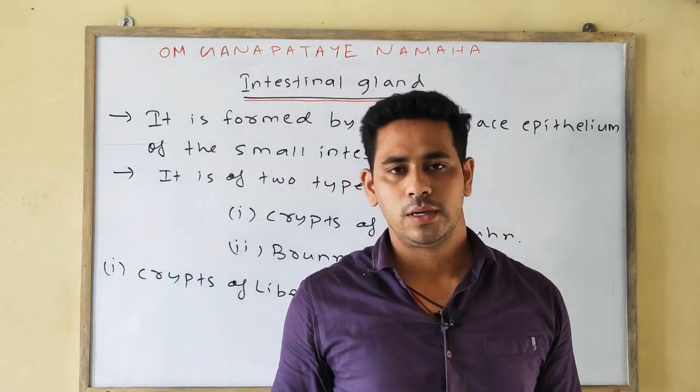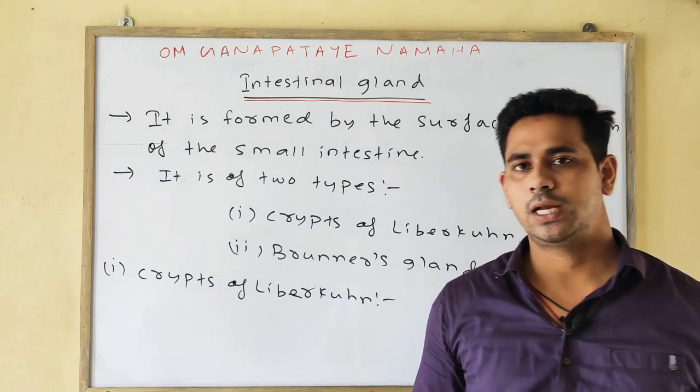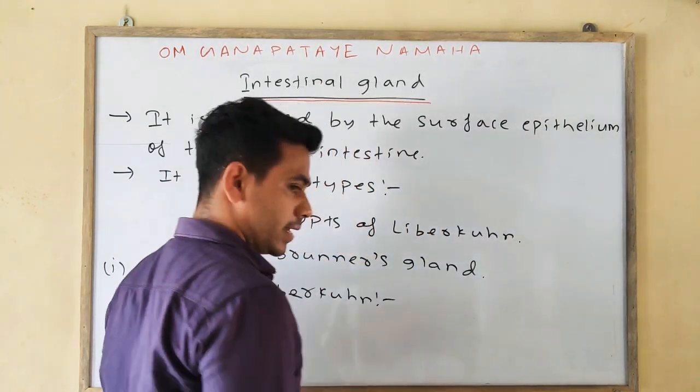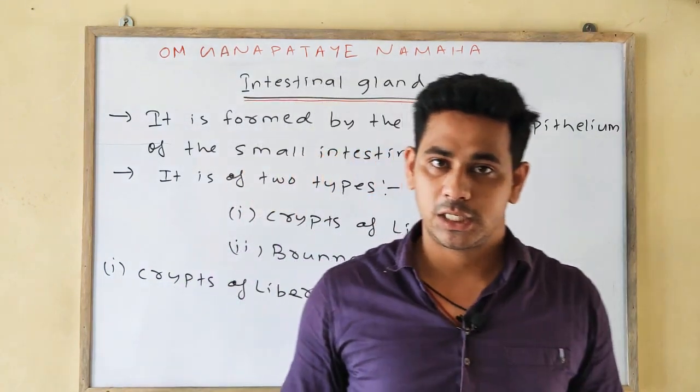Crypts of Lieberkühn secrete the intestinal juice, or we can say the succus entericus, or the intestinal digestive juice.